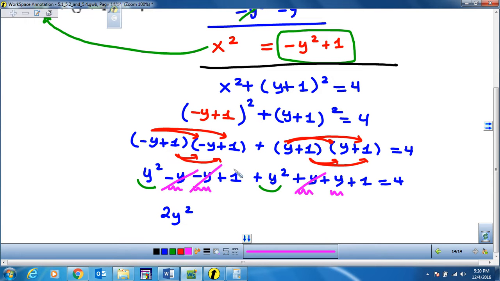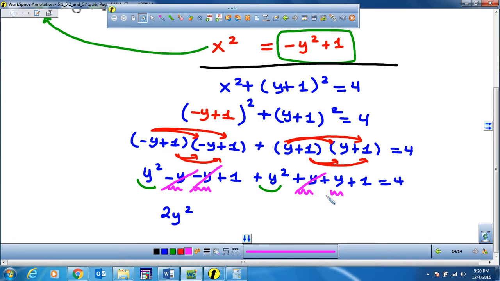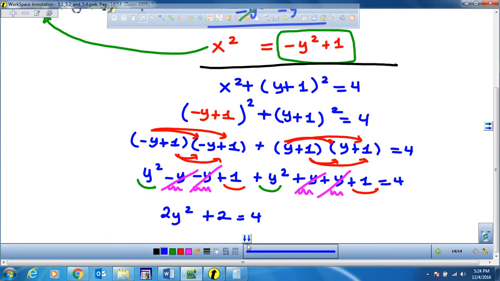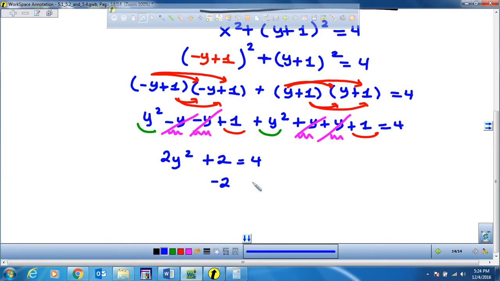This negative y cancels with one y. So they all cancel. And then we bring down the 1 plus 1. It's going to be 2 equals 4. Subtract 2. 2y squared equals 2. Divide by 2.